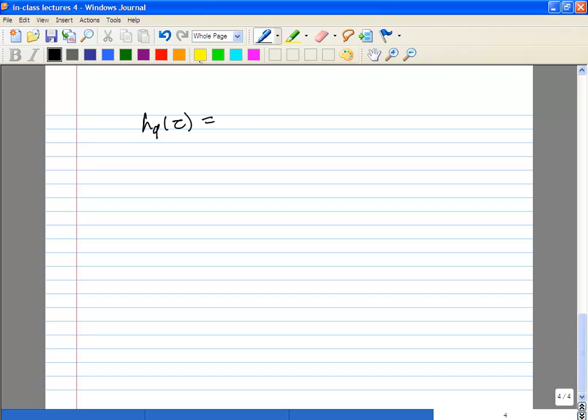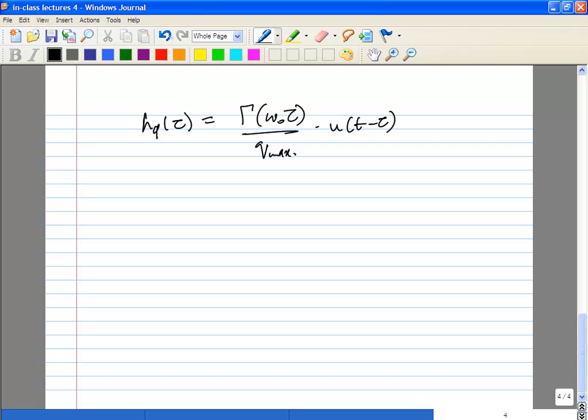So you can define the impulse response in terms of a couple of parameters. At t minus tau you're applying the impulse, right?